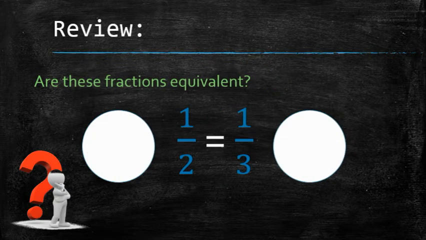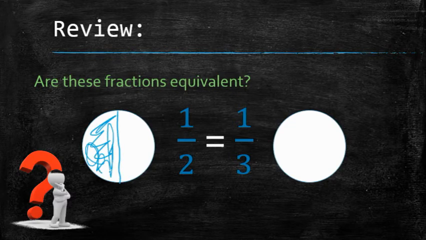So are these fractions equivalent? Let's go ahead and do what we've been doing. Draw our pizza. We have 1 out of 2, right? So we looked on the bottom and we saw that the whole equaled 2 equal parts. So we segmented that by drawing a line down the middle.